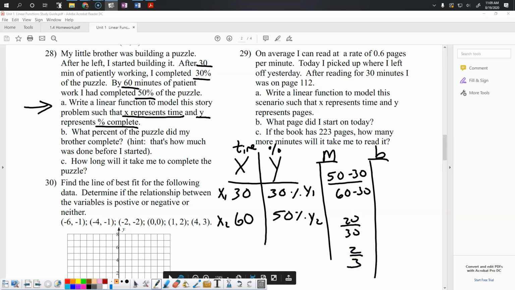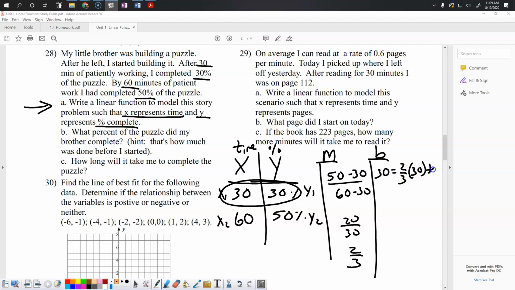Next, we want to find our y-intercept. So you're going to take one of your points, 30, 30. You're going to plug in the 30 for the y. You're going to plug in your slope. And you're going to plug in the 30 for the x into that y equals mx plus b formula. Go ahead and start solving for b. 60 over 3 reduces to 20.